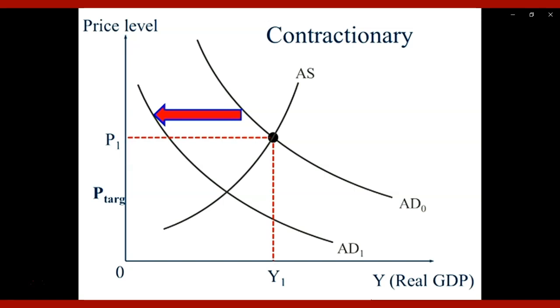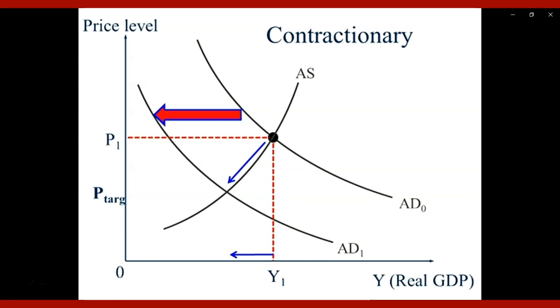The economy is now in disequilibrium and it gravitates to its new equilibrium point. Where is that new equilibrium point? Well, aggregate demand has fallen. Businesses realise that there's not as much expenditure as before. They cut back production. GDP falls. But because GDP has fallen, the marginal cost of production has also fallen, so the firms can charge lower prices than before.